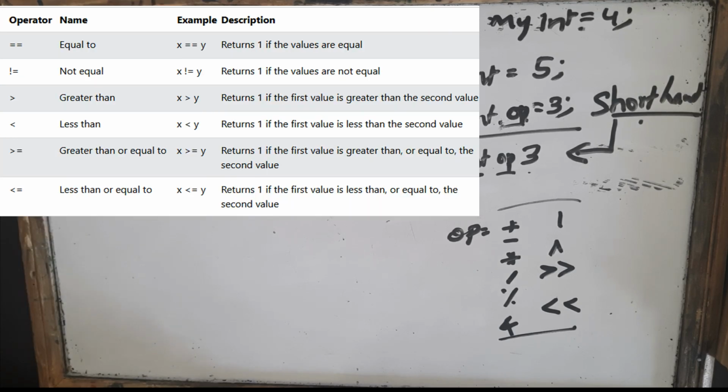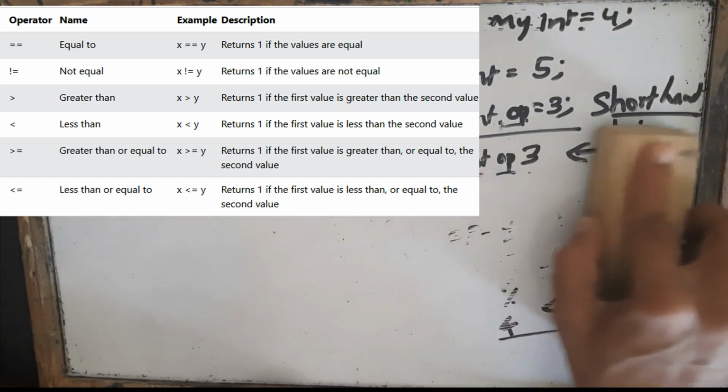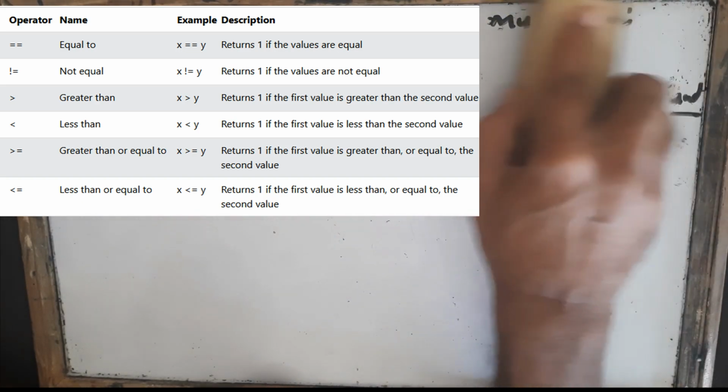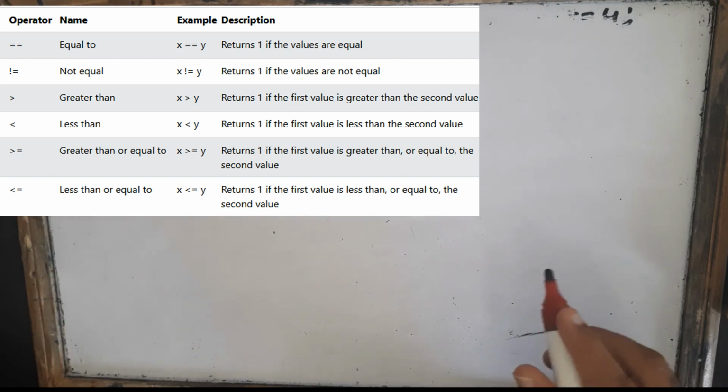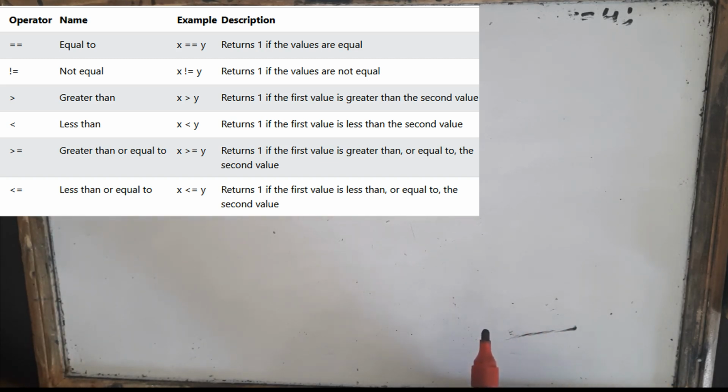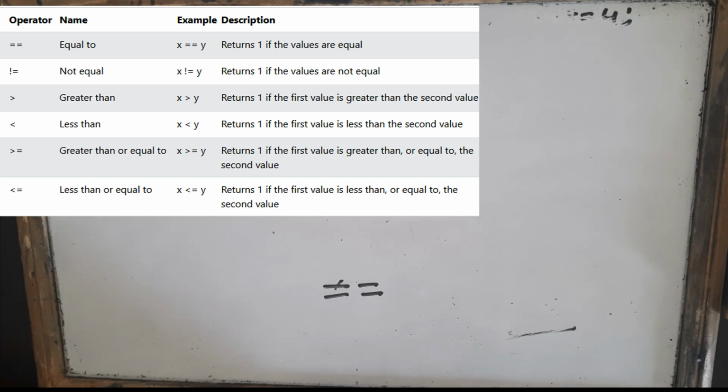And these are the comparison operators. The complete comparison operators you can compare with. This can be equal to, and you can see the example here, x is equal to y.